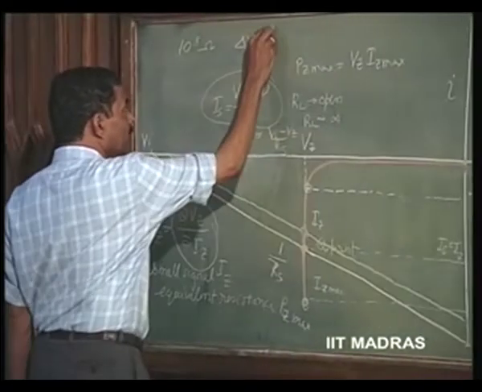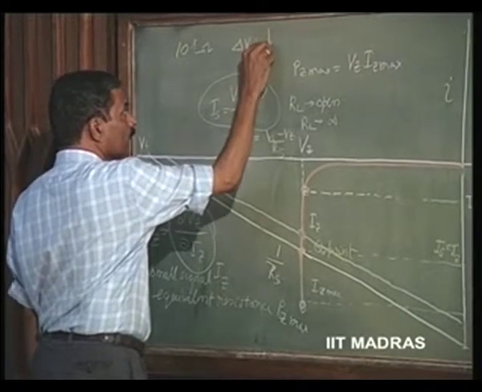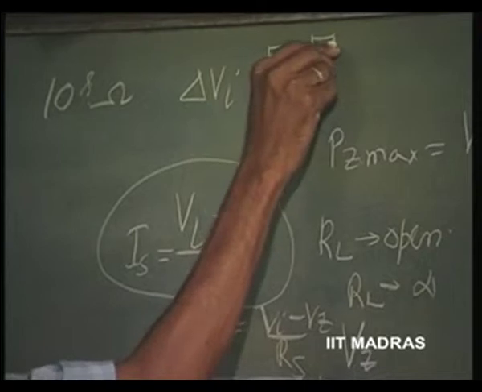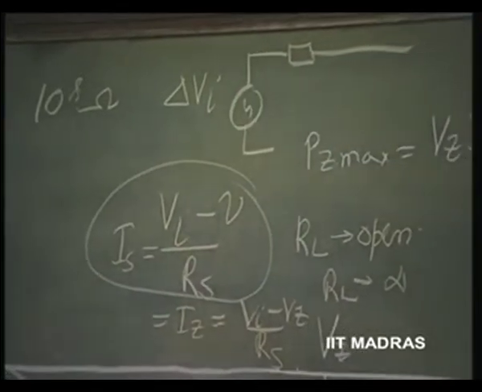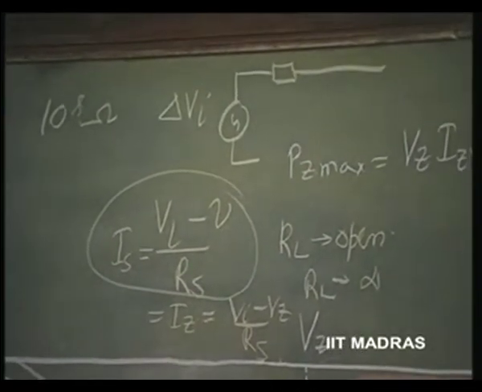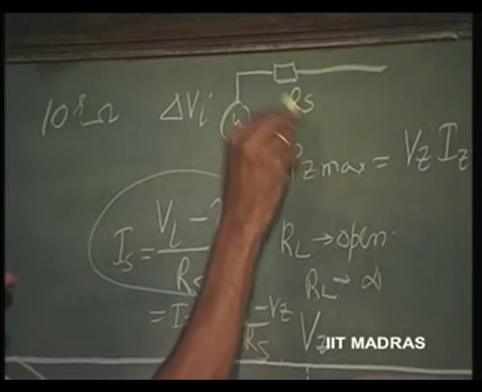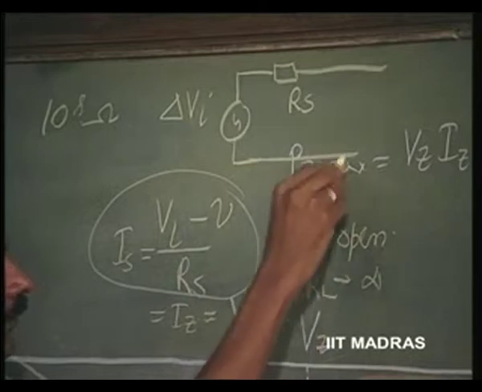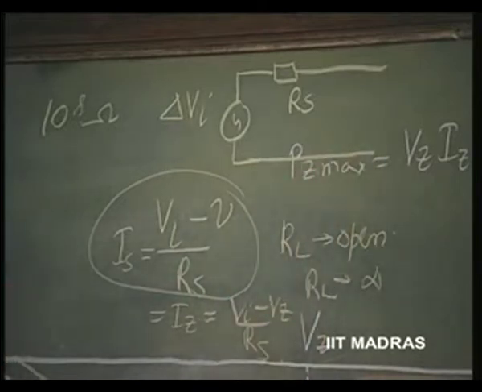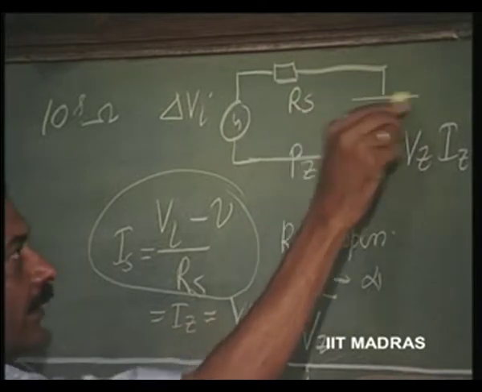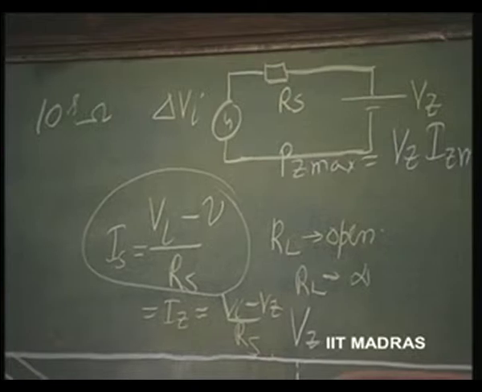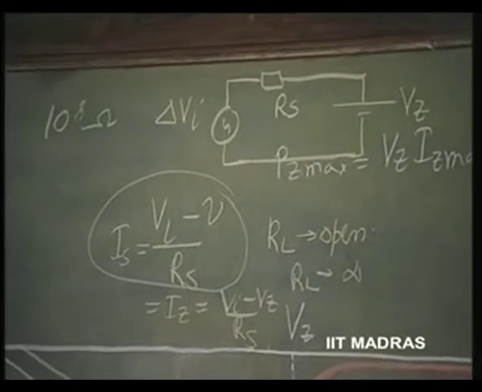So, for the change in voltage, this resistance remains as whatever R s, and the Zener diode, if it is an ideal Zener, you would have represented it as a battery with Vz, simply a battery.